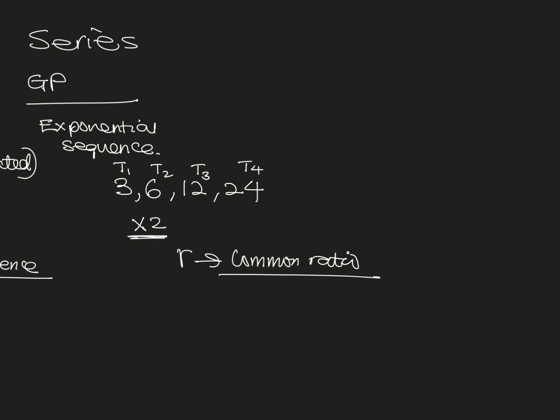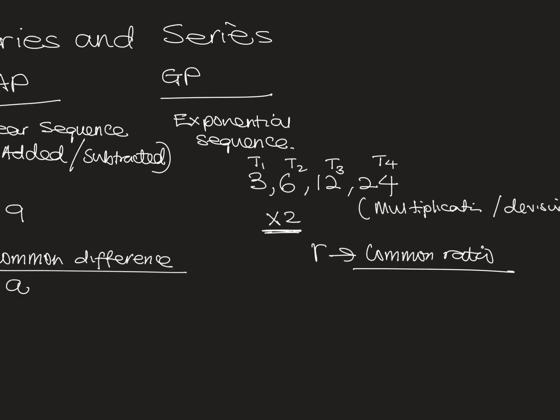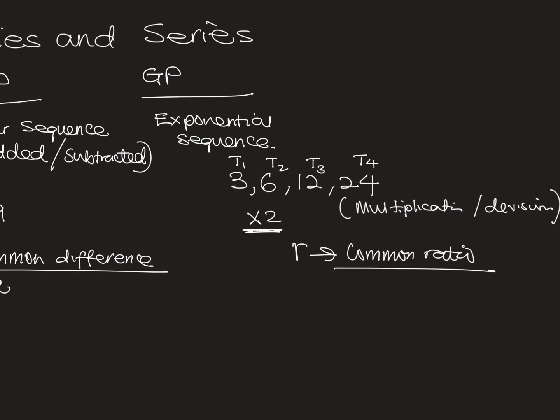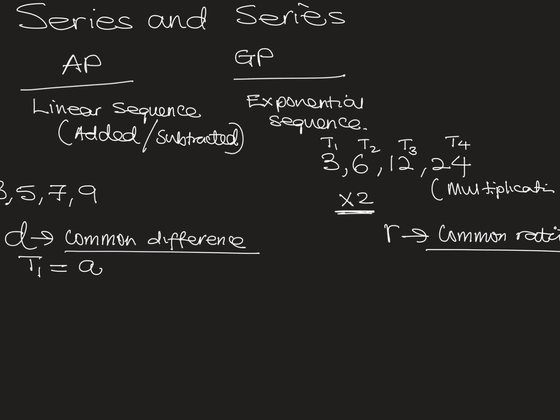Under geometric progression, there is multiplication or division. We will discuss that later in our successive videos, but the focus of my discussion today will be on arithmetic progression, or linear sequence.